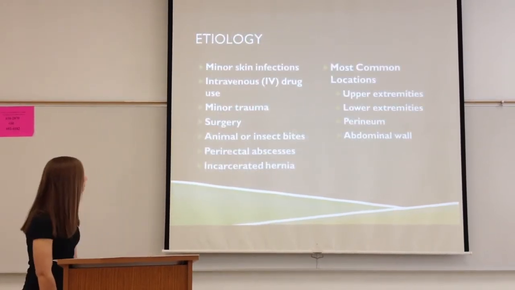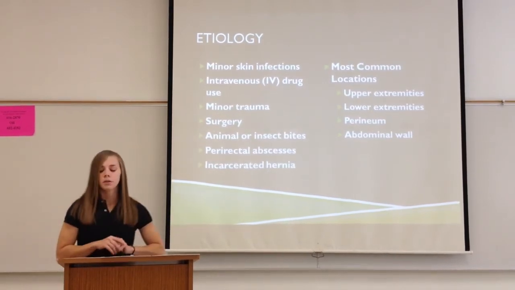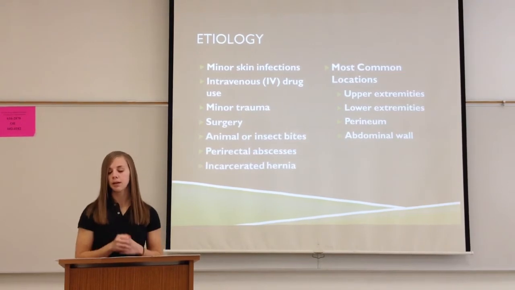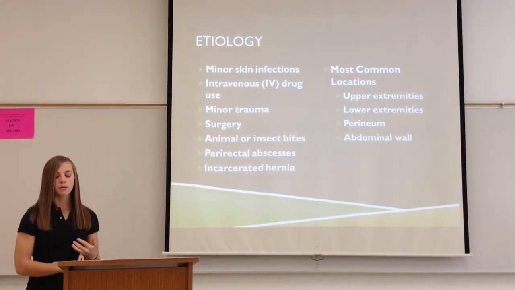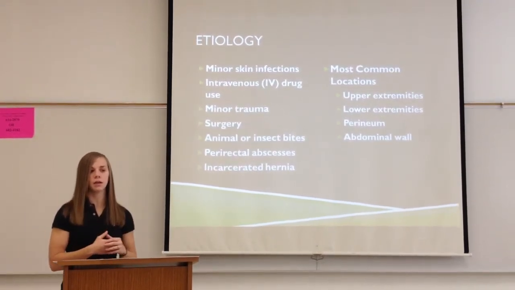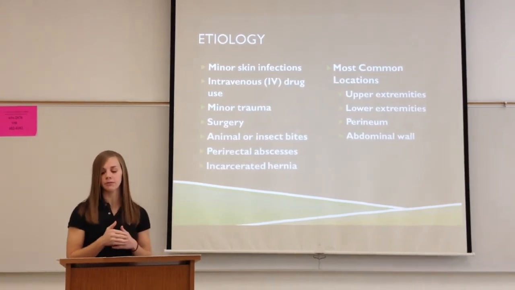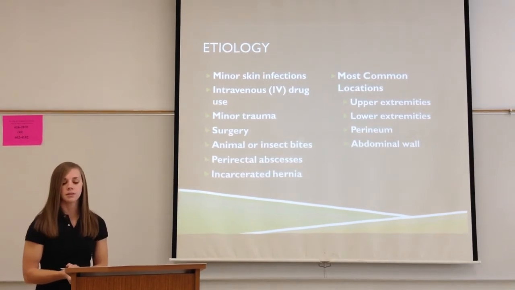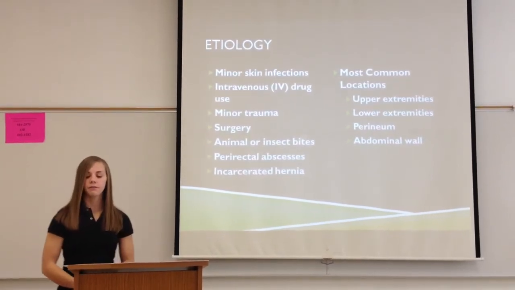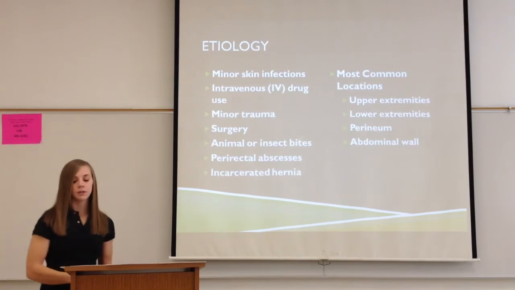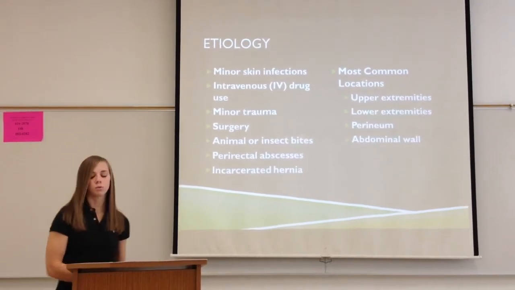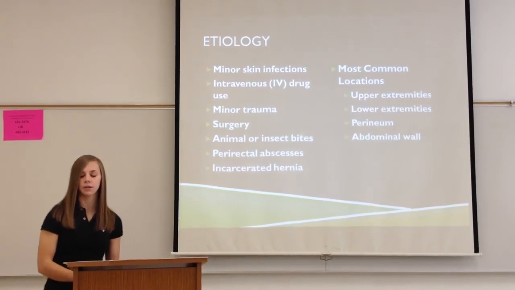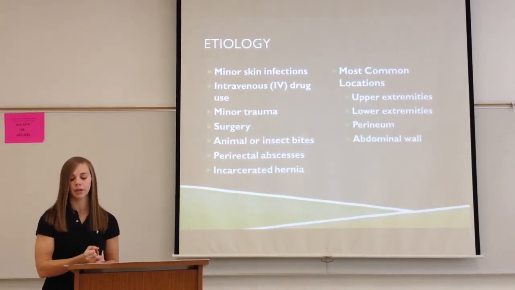So, there's a lot of different ways you can get these bacteria into your body. Some of the most common studies that have looked at patients who have necrotizing fasciitis, these are some of the most common ways that they got the disease, and that's through minor skin infections, intravenous or IV drug use, which we'll see later. People that use IV drugs have a high risk for developing necrotizing fasciitis.